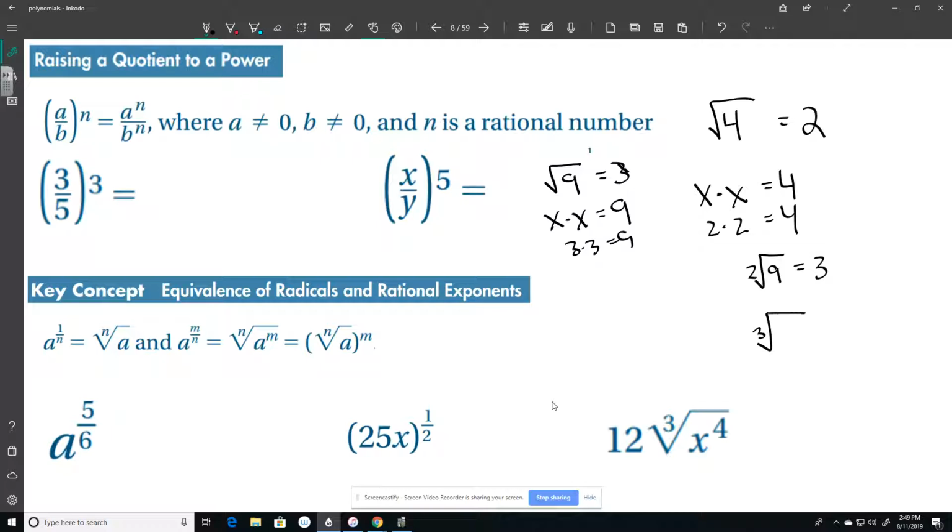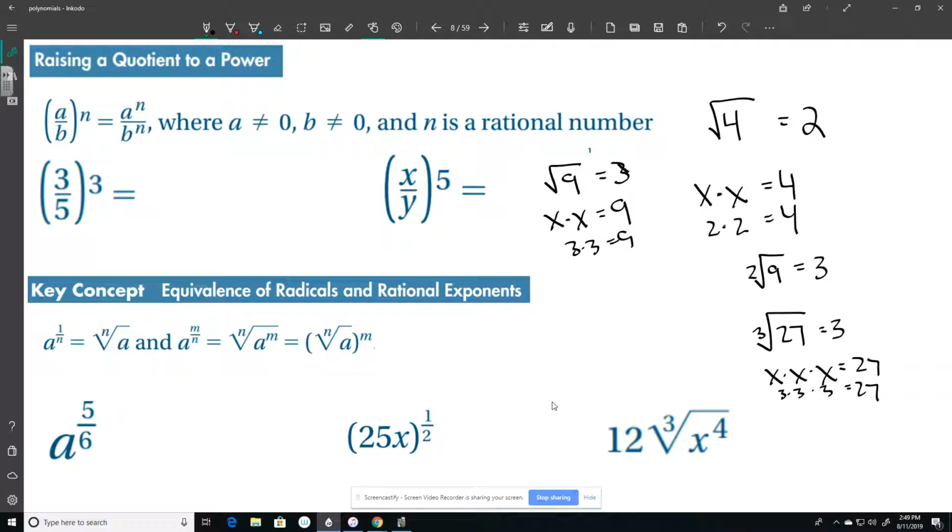So instead of having two things that multiply to equal 9, now we're going to say, what are three numbers that multiply together to equal 27? So now instead of just two x's, we have to multiply 3 together to equal 27. And our answer would be 3, because 3 times 3 is 9, times 3 more is 27.